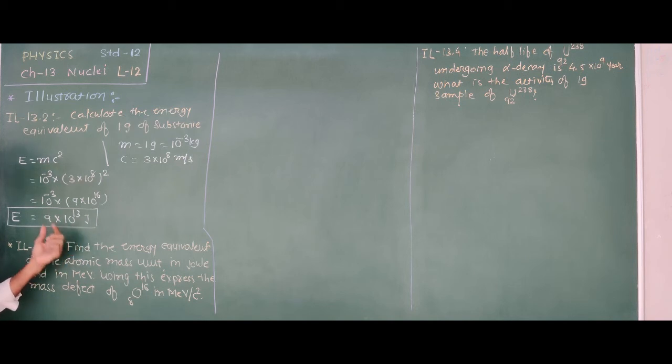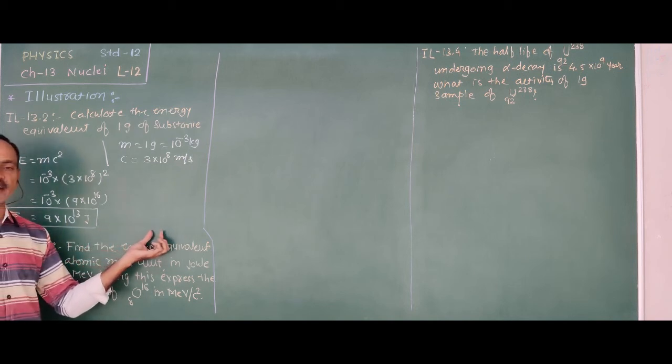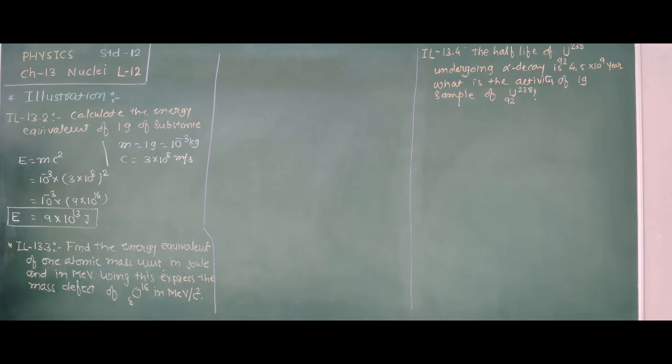So we obtain it directly in electron volt, and then we can convert into MeV. Clear? This type of question, illustration 13.2, is important for MCQ type questions.